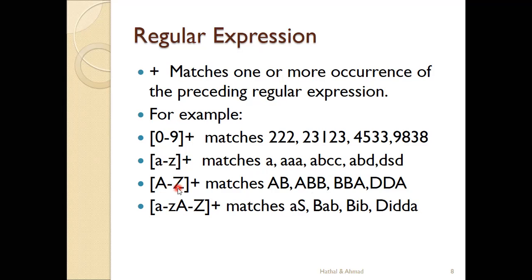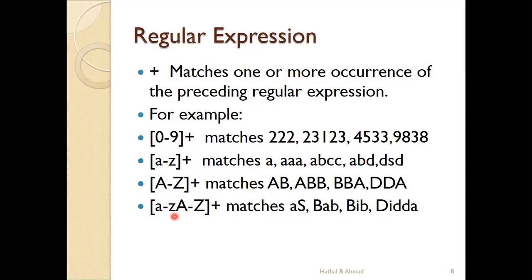So a to z plus, since there is a plus, is the convention. This is one form of regular expression, which allows you to select a character from a character class any number of times.